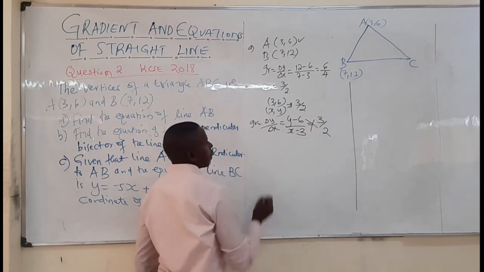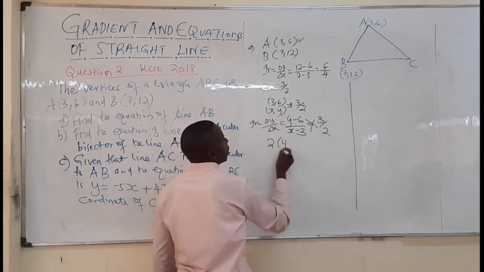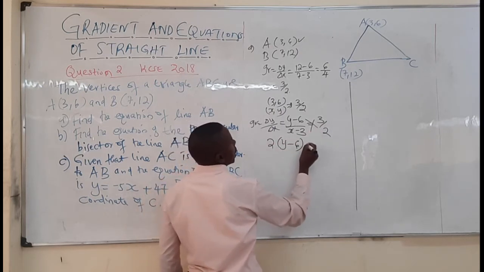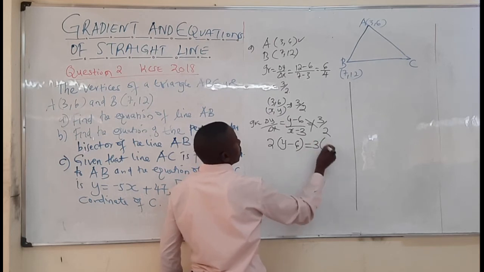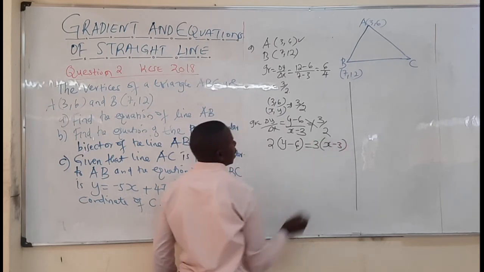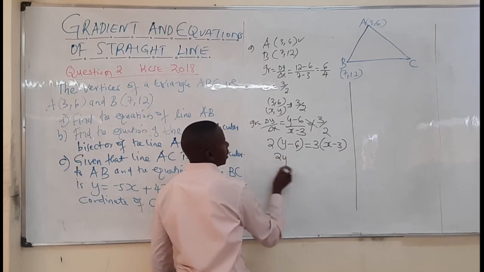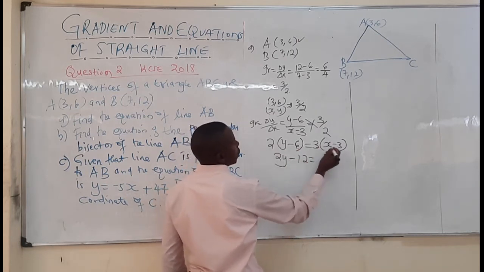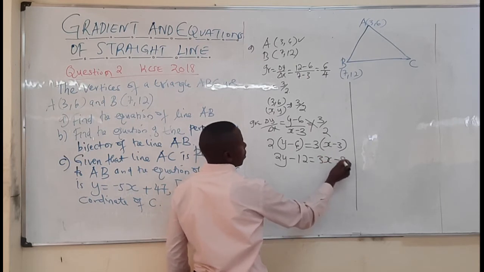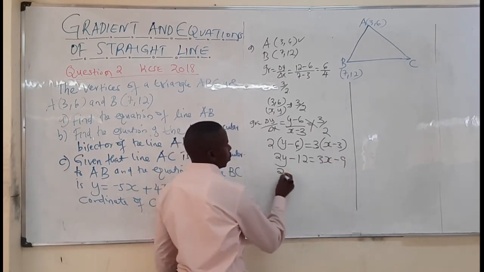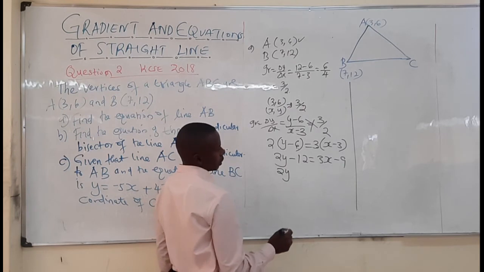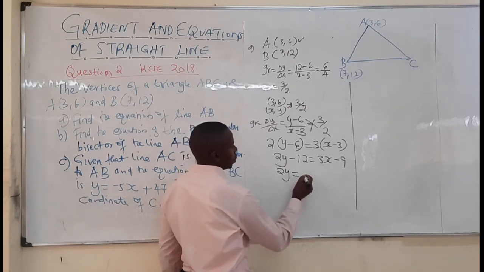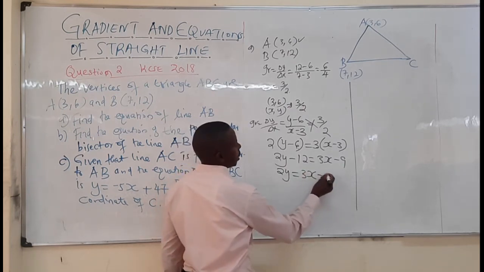We cross multiply, we get 2 into bracket y minus 6 is equal to 3 into bracket x minus 3. Then 2y minus 12 is equal to 3x minus 9.